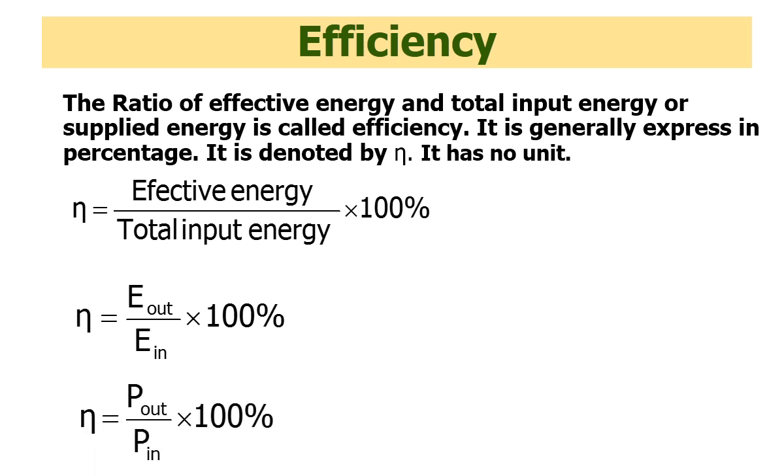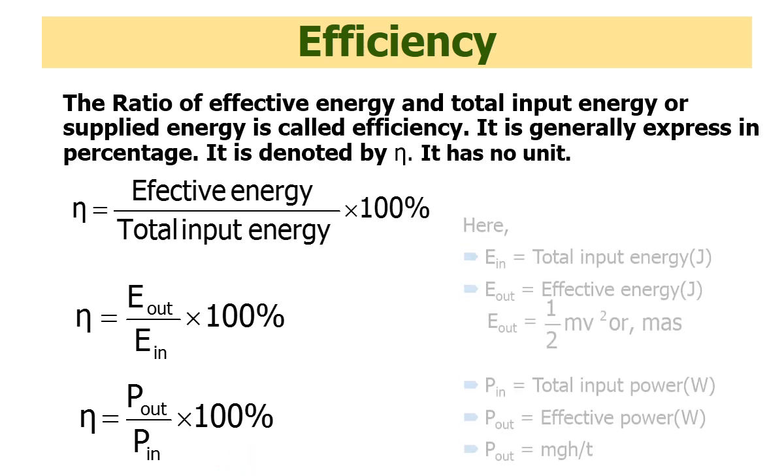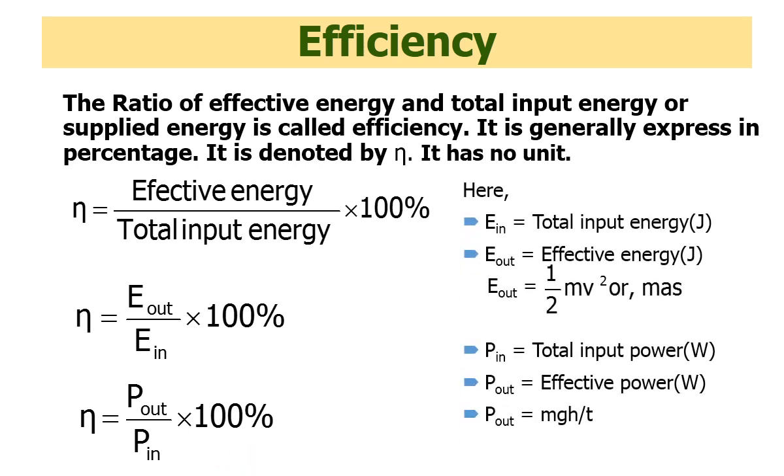There are three formulas of efficiency. You can see the formulas in the figure in the presentation. The formula of eta is E out divided by E in into 100%. Another formula is P out divided by P in into 100%. Here the significance of the quantities: E in means total input energy, the energy given to the engine. E out is effective energy or output energy.